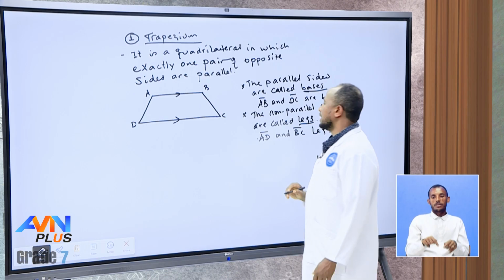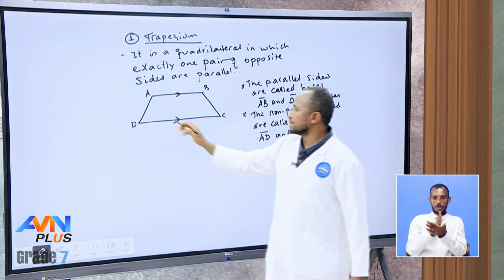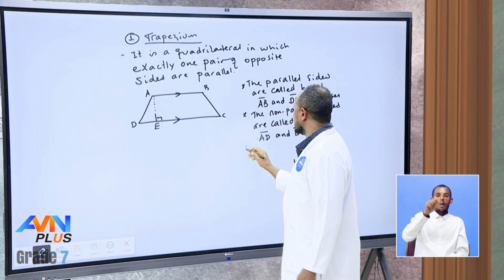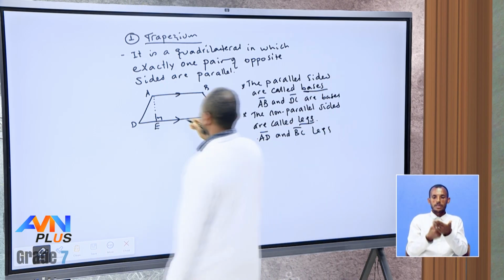These two are the non-parallel sides. And the distance between these two parallel sides is called the altitude of this trapezium.